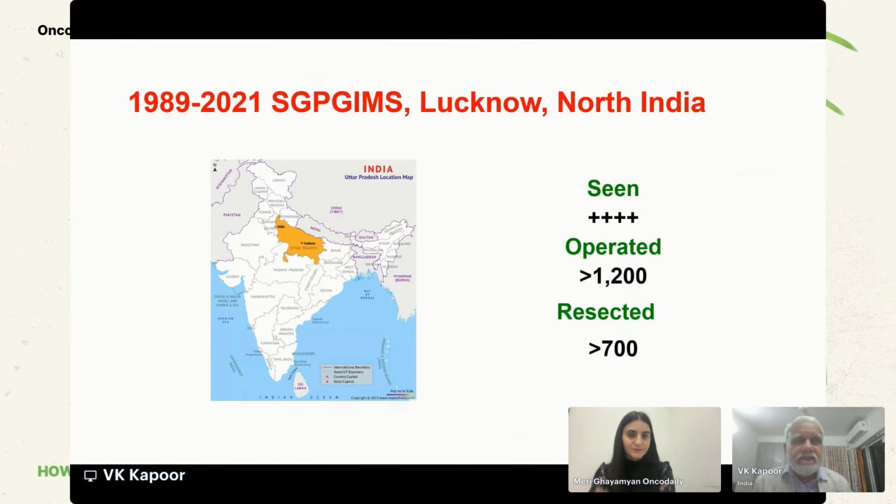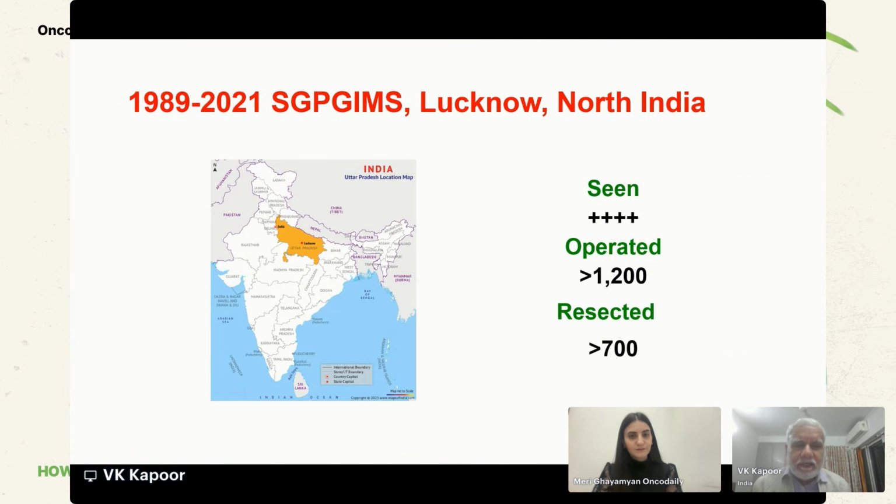But why do I say that these are my commandments? What authority do I have to pass on these commandments to the audience? Before I came to Jaipur in 2021, for more than 30 years, I worked at an institution in the city of Lucknow, in North India, at a tertiary level referral hospital, where we used to see almost 3 to 5 new patients with gallbladder cancer every day.